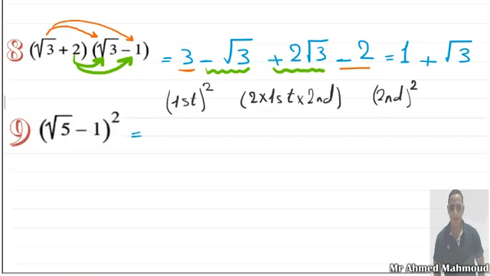Okay, here root 5 power of 2 equals 5. 2 times first times second, 2 times root 5 times negative 1 equals negative 2 root 5. Then in the middle we have negative 2 root 5.